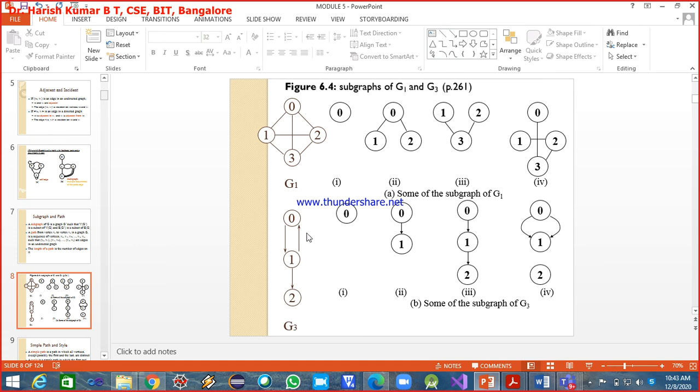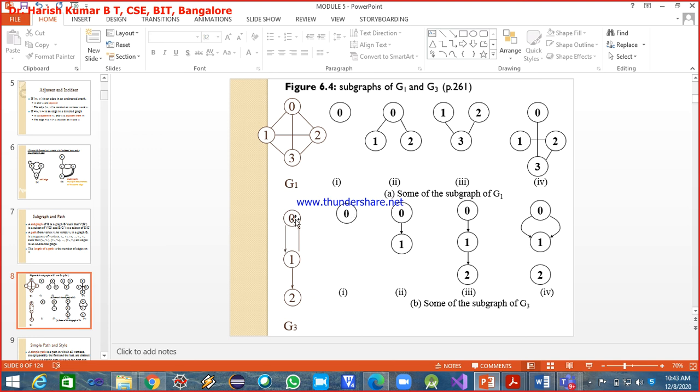Okay. Next, another example we have taken is G3. G3 is an incomplete directed graph. So this was a complete undirected graph, and this is an incomplete directed graph. Now again we have written the subgraphs for the incomplete directed graph. So 0, 0, 1.